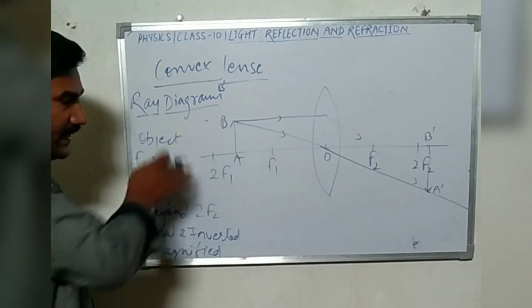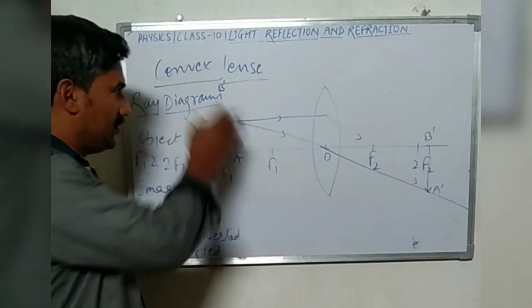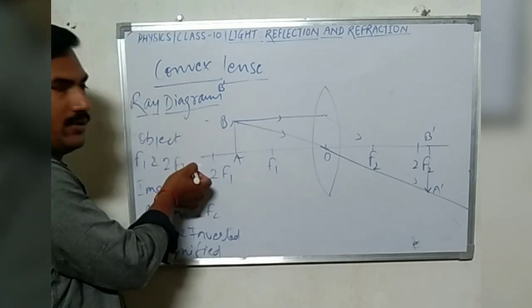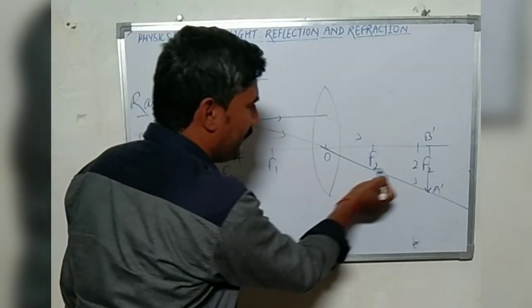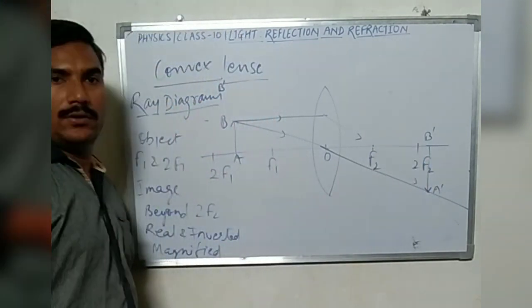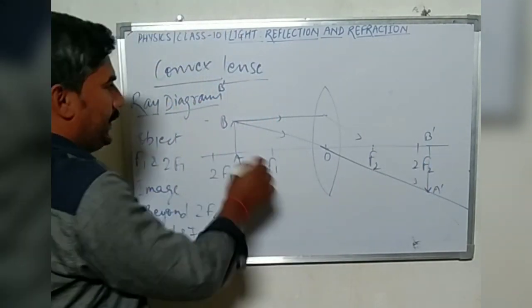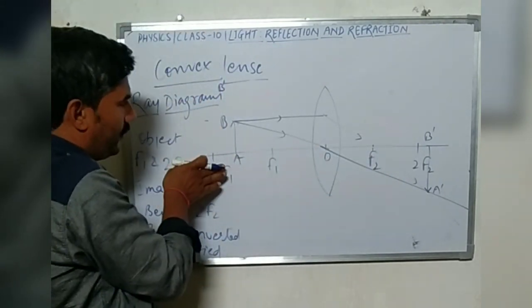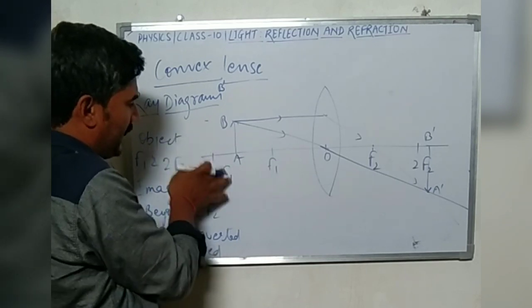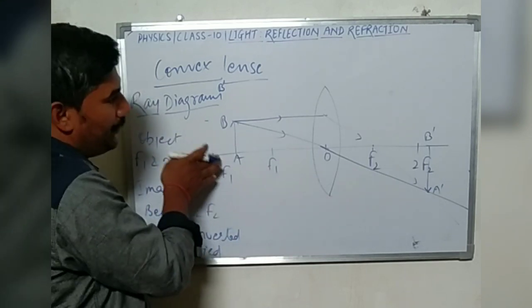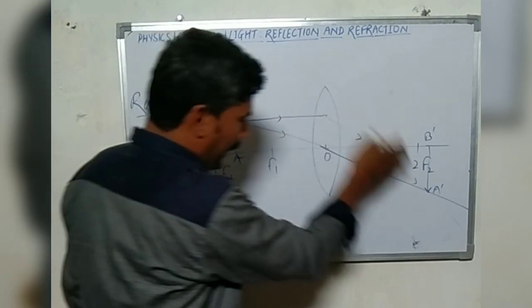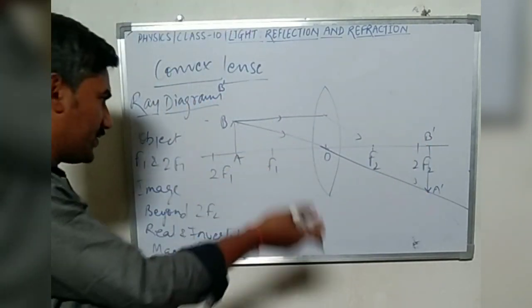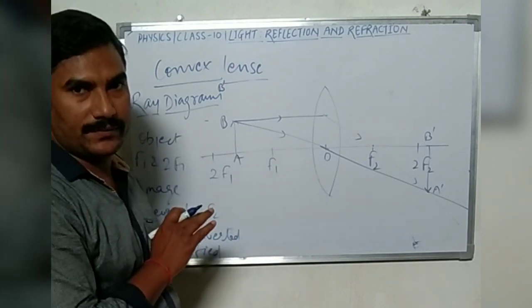Okay, so you can compare and relate all these three cases. When the object was placed beyond 2F1, the image was forming between F2 and 2F2, and the size of the image was diminished. Then the object moved towards the lens and was placed at 2F1, and the image was at 2F2, with the size of the image the same as that of the object.